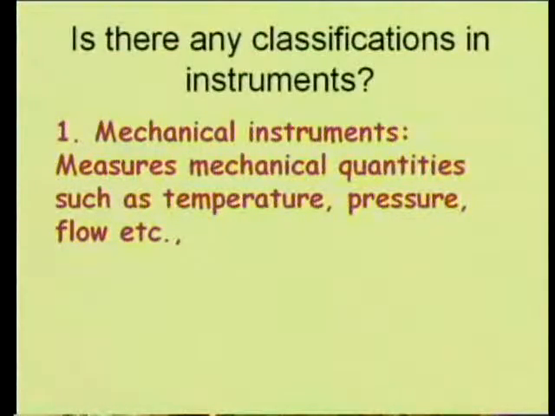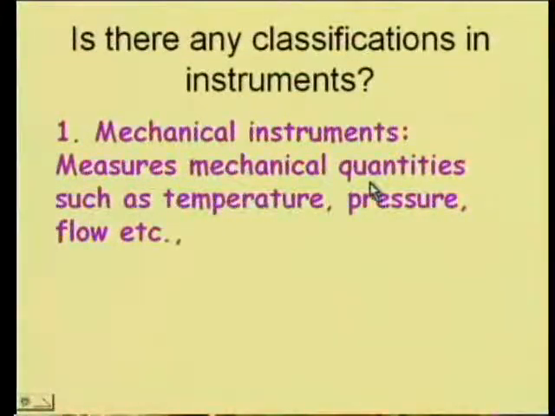Now can we go for any classifications of these instrumentations? Is there only one instrument or are different instruments there? Definitely there are a large number of instrumentations and there can be large classifications, but we limit ourselves to only two, mechanical and electrical classifications. The first one is mechanical instruments. What are mechanical instruments?